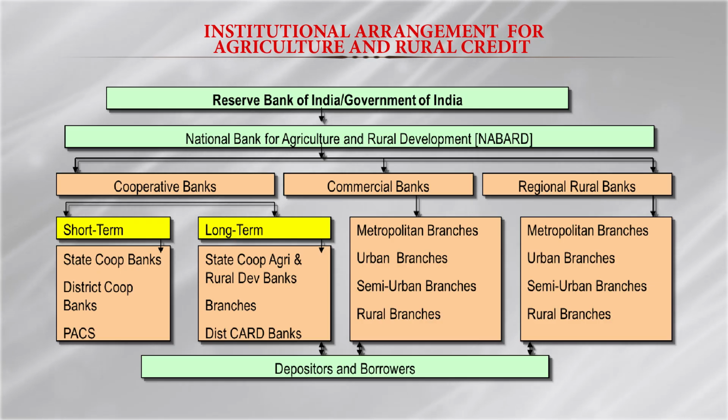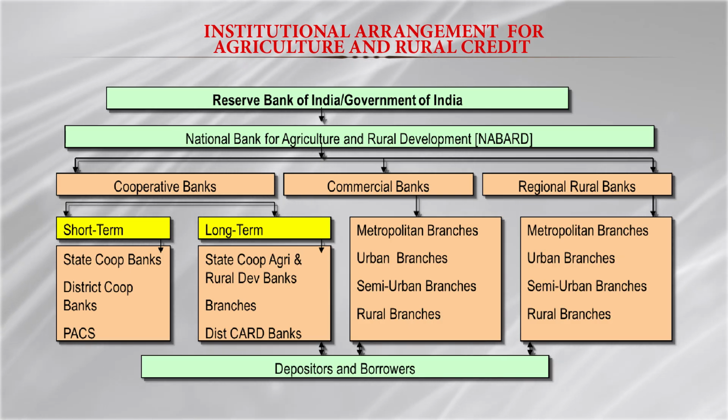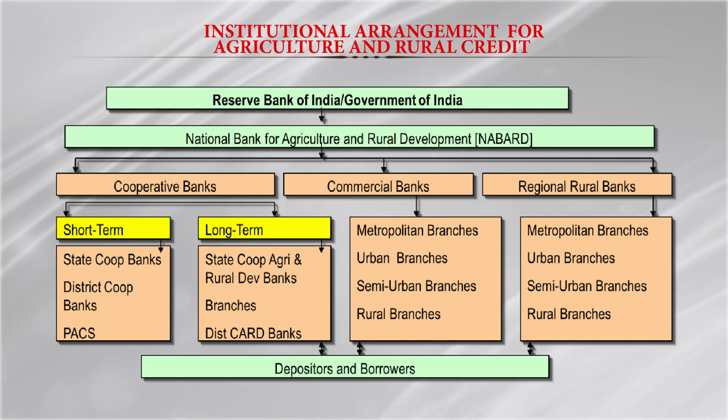And in case of the commercial banks we have metropolitan branches, then urban branches, then semi-urban branches and rural branches. And then we have the special institution for providing credit to agriculture and rural areas, that is the regional rural bank, and here again the metropolitan branches, urban branches, semi-urban branches and rural branches are all there.